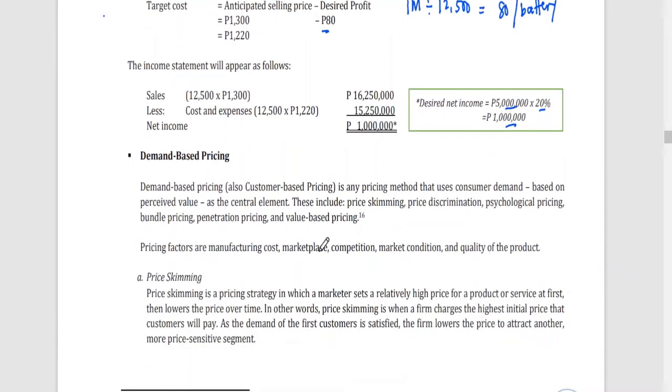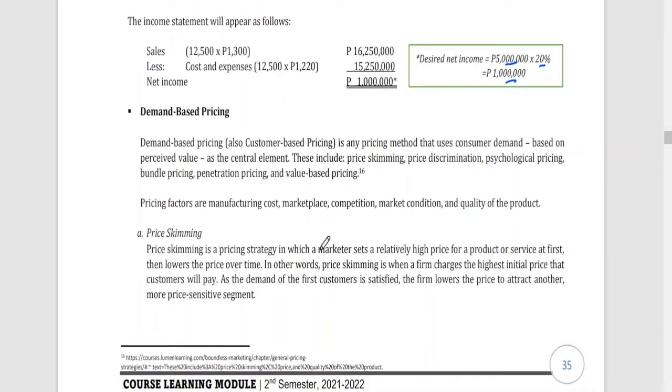Another pricing strategy is the demand-based pricing. So demand-based pricing is also called customer-based pricing because it is based on the consumer demand, which is based on the perceived value. This include price skimming, price discrimination, psychological pricing, bundle pricing, penetration pricing, and value-based pricing.